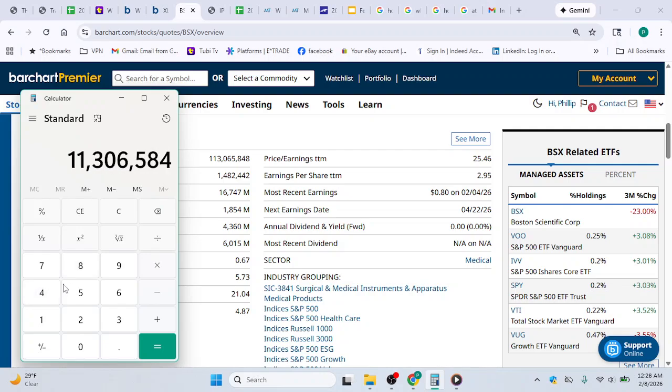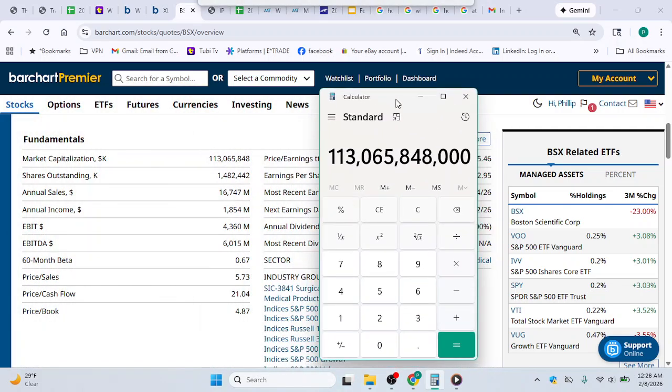And we have to add onto the end of that the extra digits, okay? 113 billion company divided by its earnings or its income, which we'll use right here. Income was $1.854 billion, okay? So we'll divide this by 1.854 billion dollars.